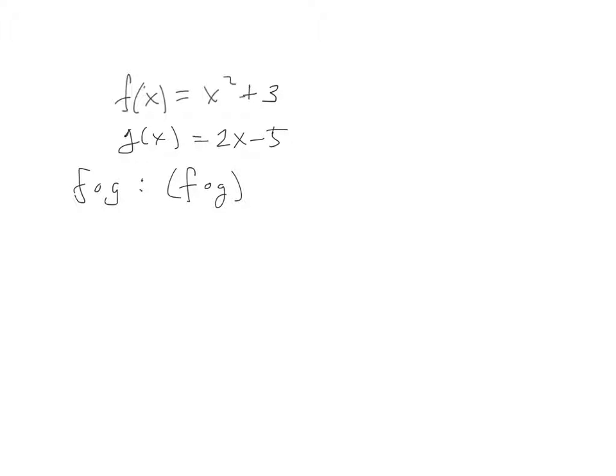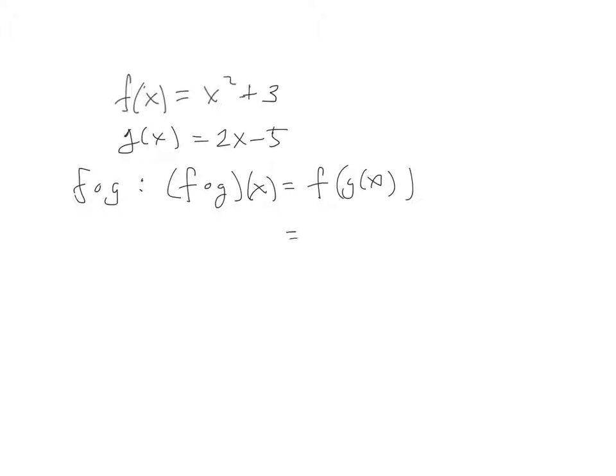So here's the rule of assignment. We have to tell you what the new rule of assignment is. It seems like we're not doing much here, but we are actually saying quite a bit. This is saying that first g of x is used, then f of x is used.